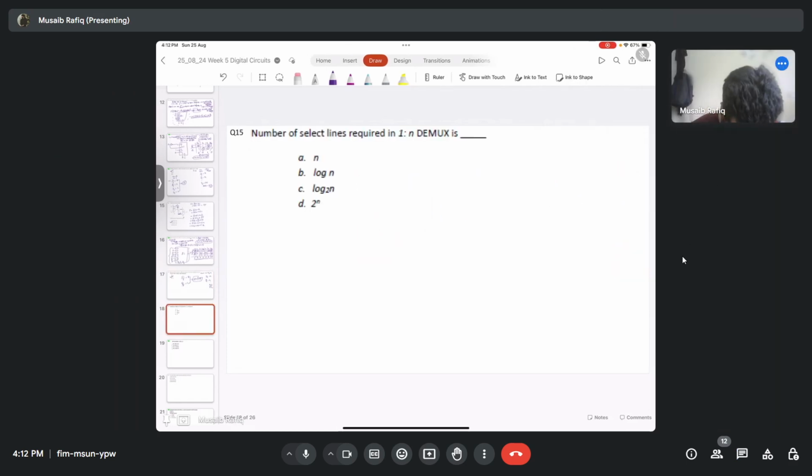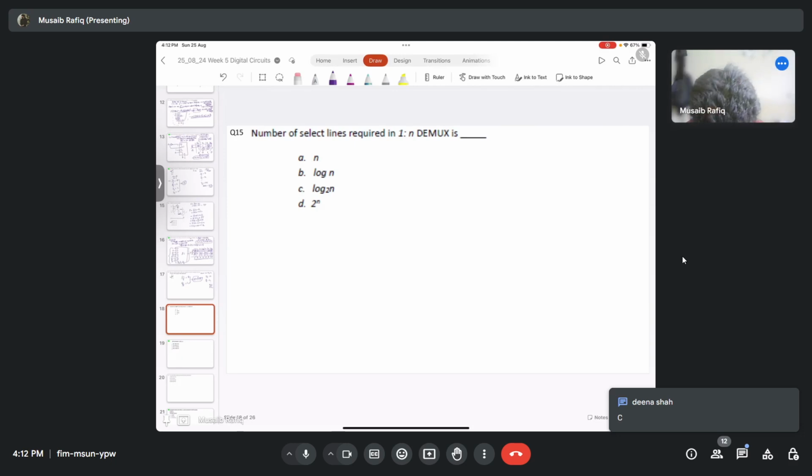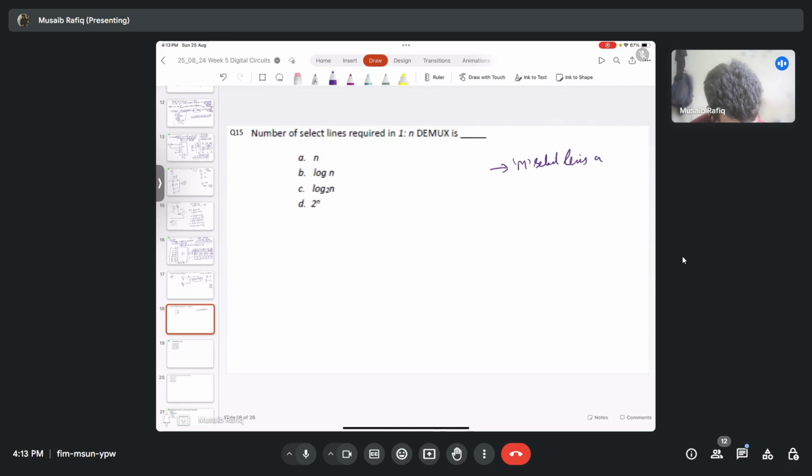Now, the number of select lines required in 1 is to n demuxes. So we are given a demux 1 is to n, and we need to find out how many select lines will be required. In general, when we have m select lines in a demux, my output will be 2 raised to power m.